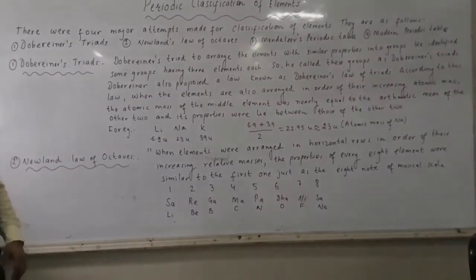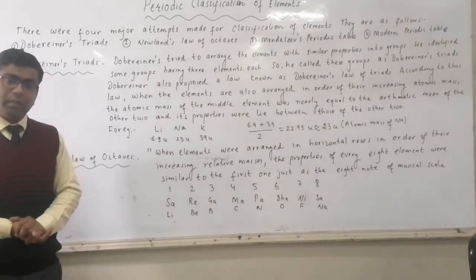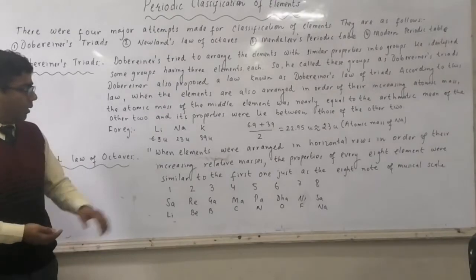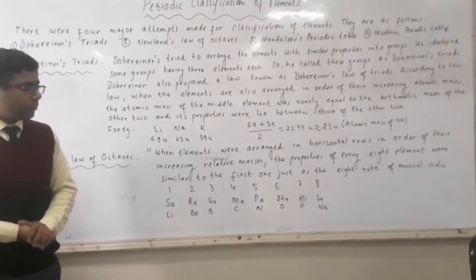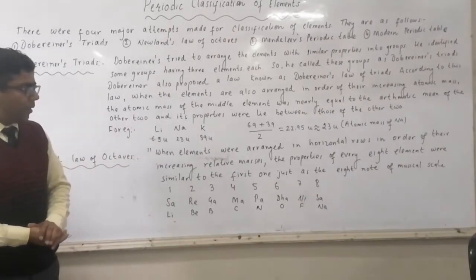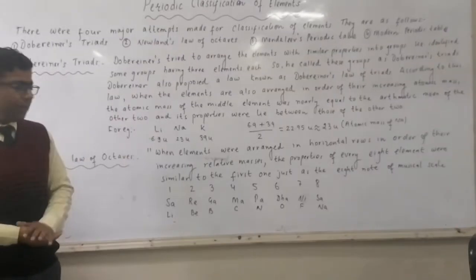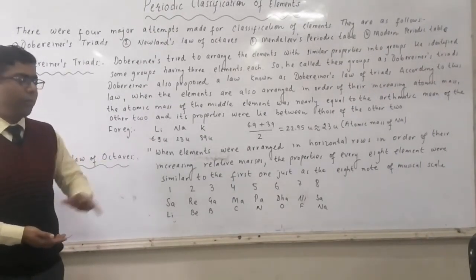Then comes the next one, Newlands' law of octaves. And what is the rule? When elements were arranged in horizontal rows in order of their increasing relative atomic masses, the properties of every eighth element were similar to the first one, just as the eighth note of a musical scale.